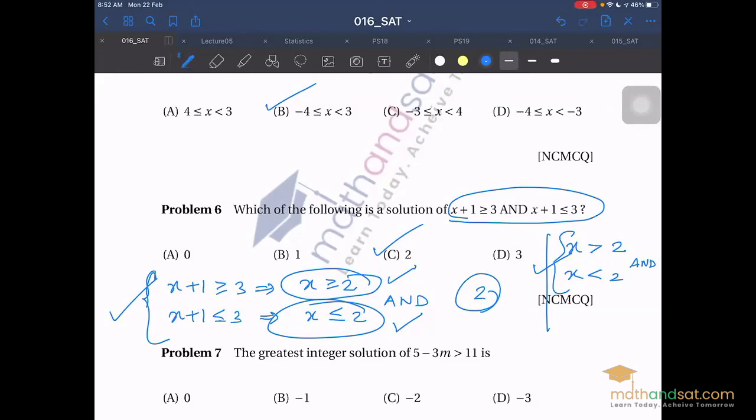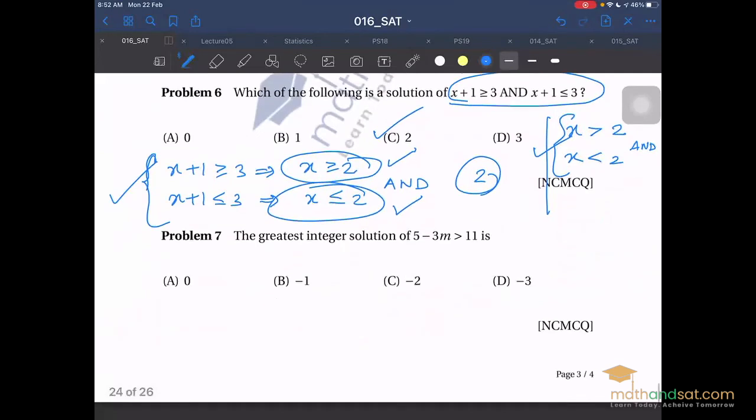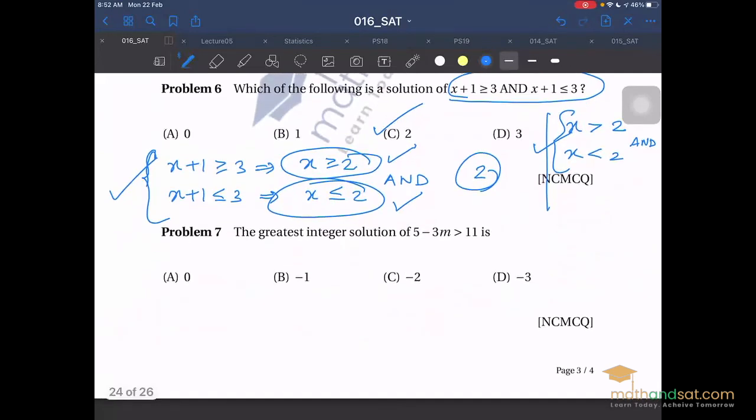All right, so let's see question number 7. We need the greatest integer solution of 5 minus 3m greater than 11. So how do we do that?